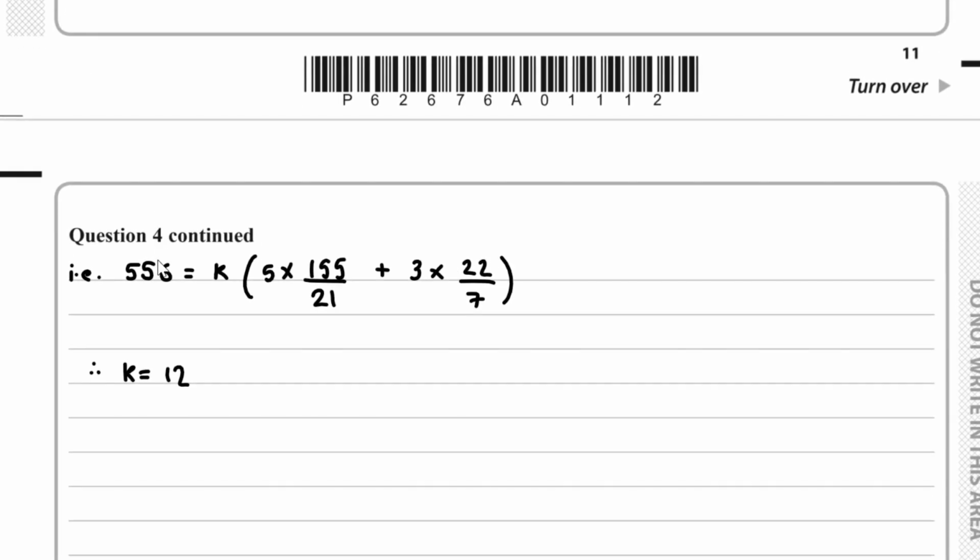we have the objective function that's given by p equals 12 lots of 5x plus 3y, which is the same as 60x plus 36y.